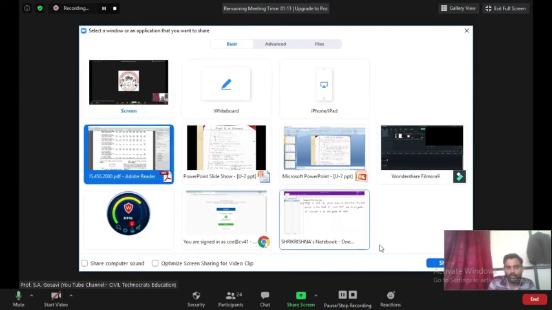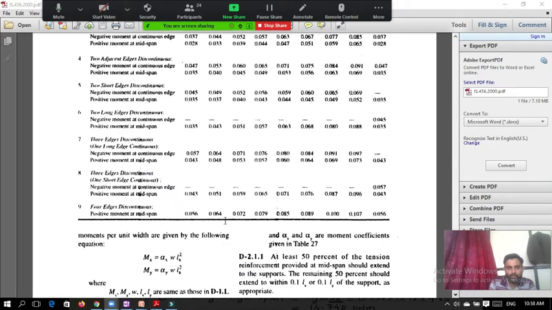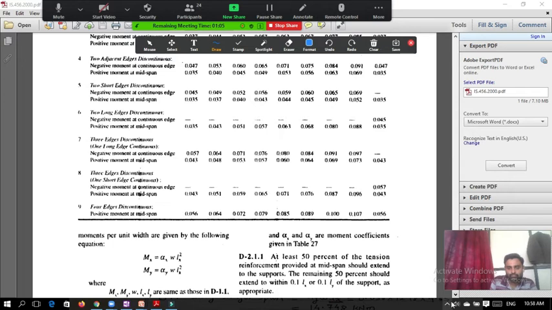One more thing I want to tell you over here in the IS code. If you observe, this is the formula given for calculating the bending moment. Mx stands for moment in the shorter direction, My stands for moment in the longer direction, or you can say moment in the x direction and moment in the y direction. The formula is alpha x w lx square for Mx, and for My, alpha y w again lx square.